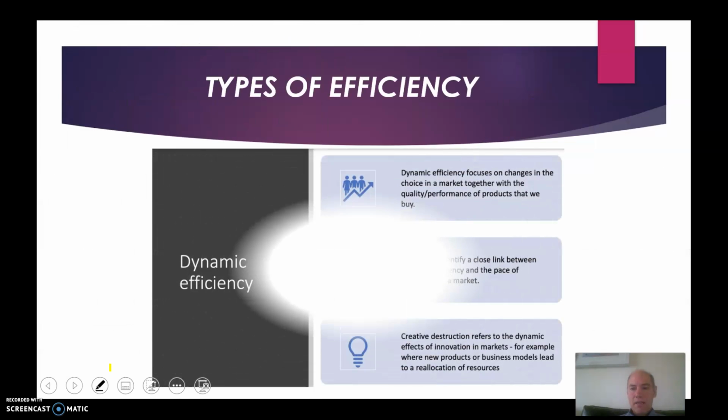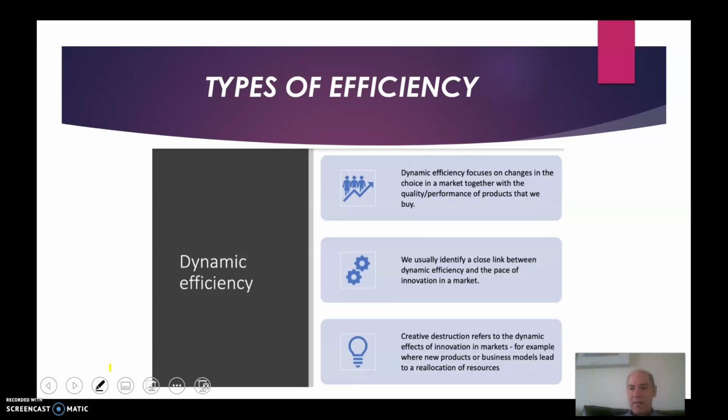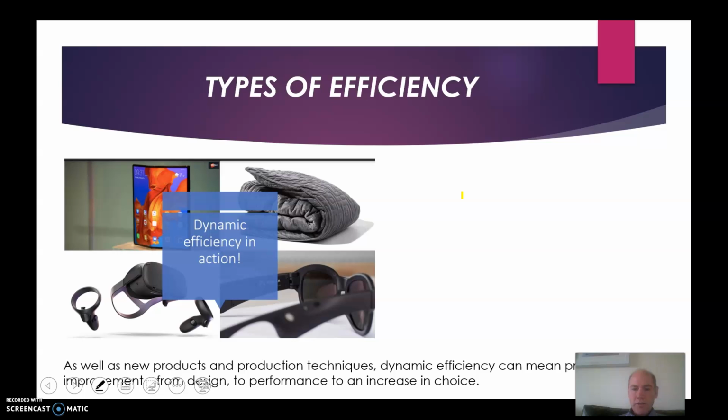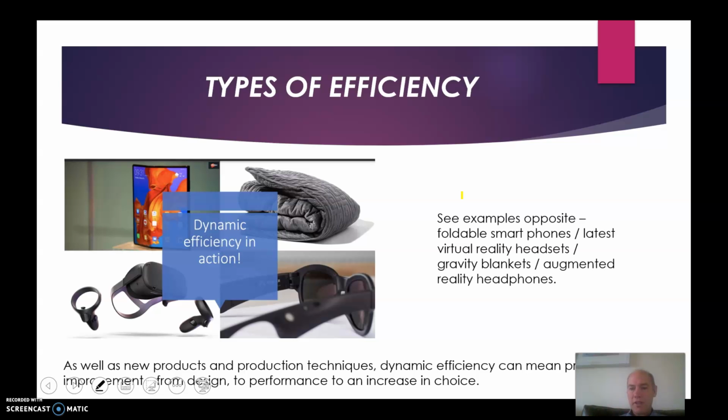Taking this a step further, in terms of dynamic efficiency, obviously this should result in more choice, better quality products, better performance, and that's really important. In terms of the real world, we've talked about product improvement, so think about design, performance, and that increase in choice.